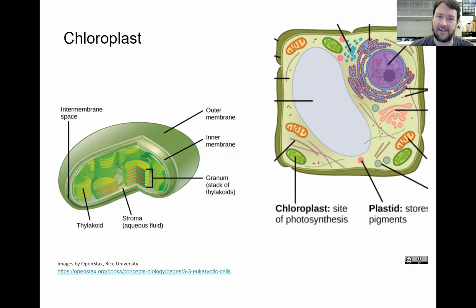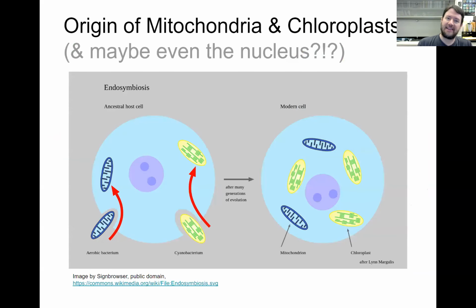Okay, well, how did these mitochondria and chloroplasts get here? The same answer might even be true for the nucleus. But the idea is generally called endosymbiosis.